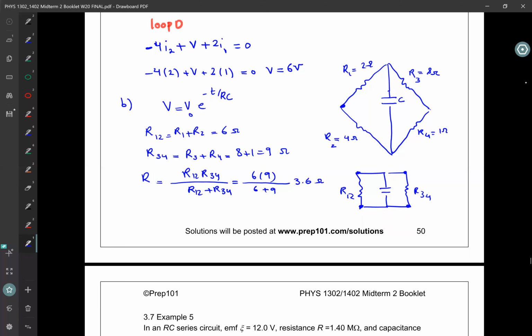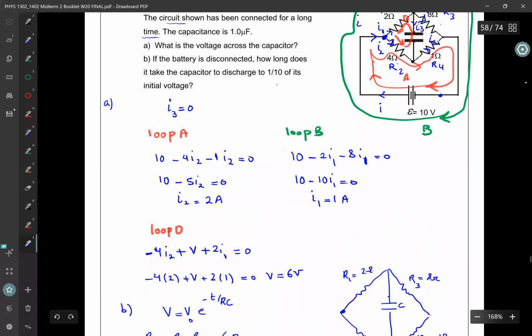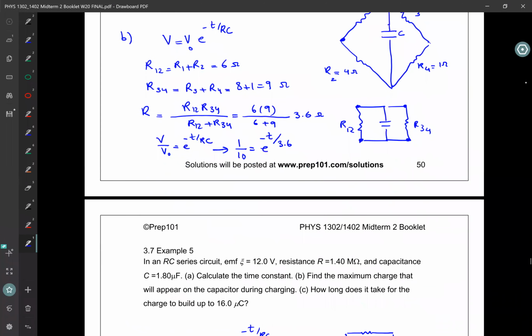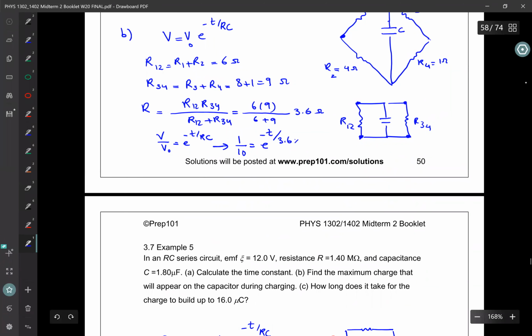Now, you're provided with V divided by V0, or you can call it V max. They're the same thing. So V divided by V0 equals e to the minus t over R times C. V divided by V0 is 1 over 10, equals e to the minus t divided by R, which is 3.6. And the capacitance is provided in here. It's 1 microfarad, so I have to multiply it by 1 times 10 to the minus 6.